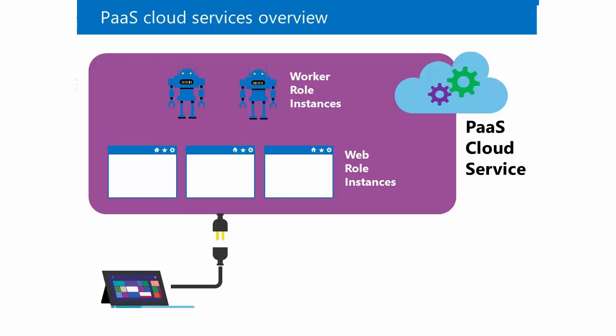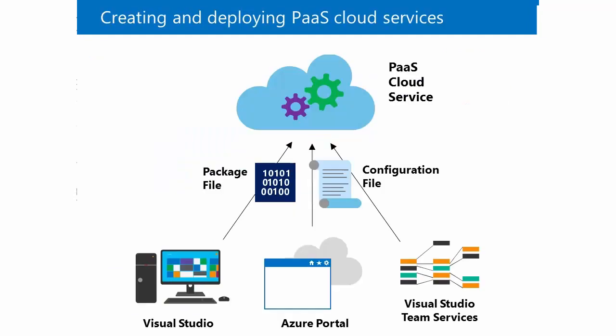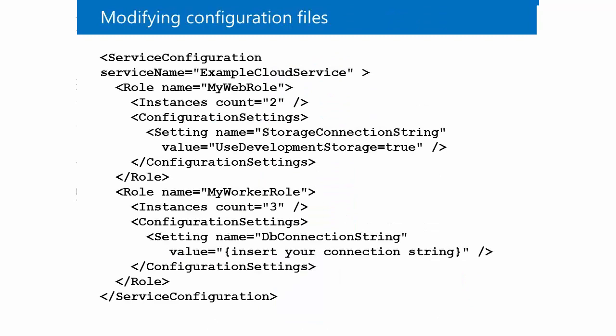Okay. So as a developer, you could determine how many web role instances and worker role instances that you needed for your application, and then you would configure the number that you needed in a special XML file called a cloud service package. Now, actually, Visual Studio gave you a property editor, a nice little visual editor that will allow you to create that XML file so you don't have to get your hands dirty writing raw XML.